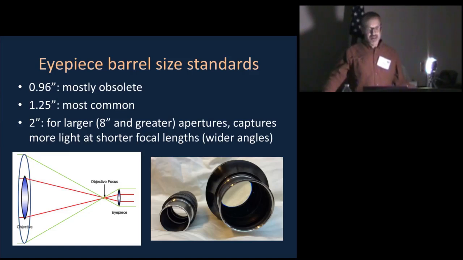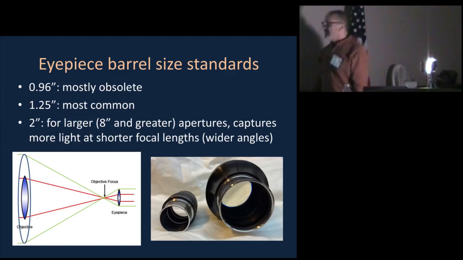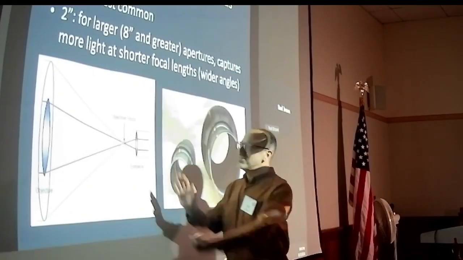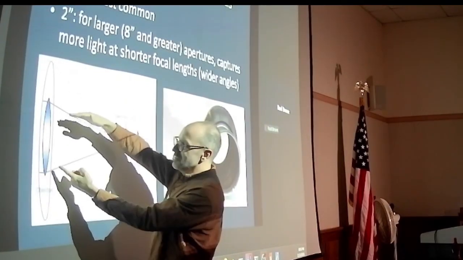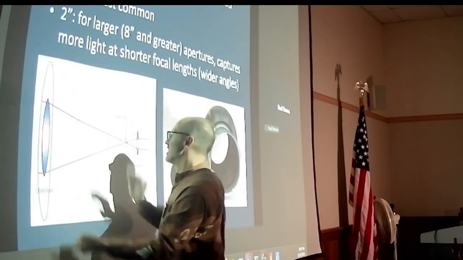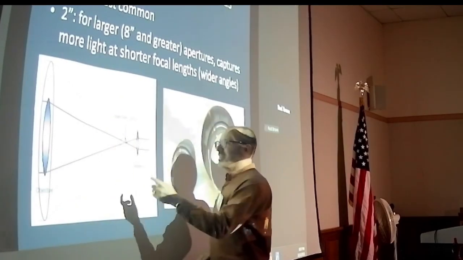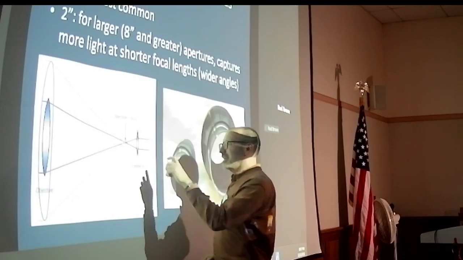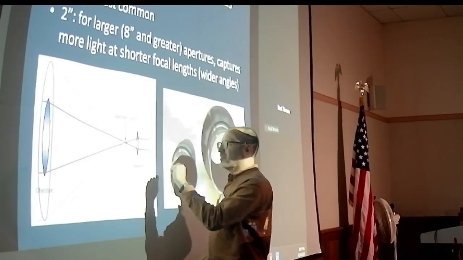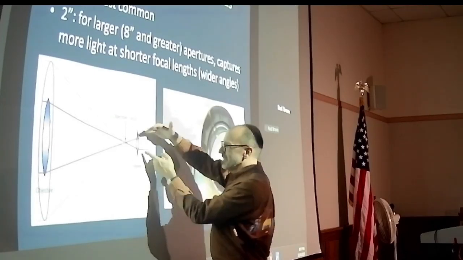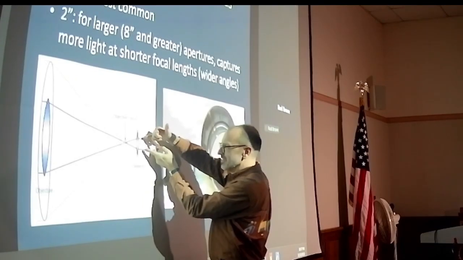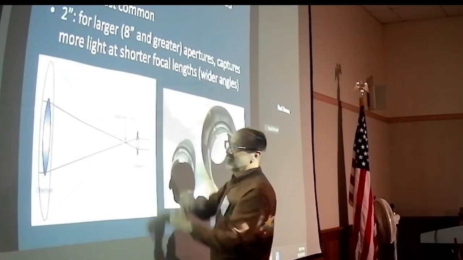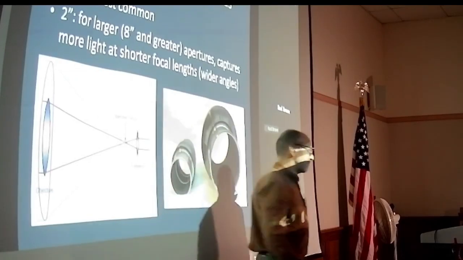So if you look at the diagram here, if you consider this to be the focal length of the telescope, we have 2 different apertures, a smaller aperture and a large aperture. The larger aperture is going to capture more light, but if you had only a 1 1/4" eyepiece, it would only get this much and be losing some of that light, whereas a 2-inch eyepiece would allow you to capture more of that light.